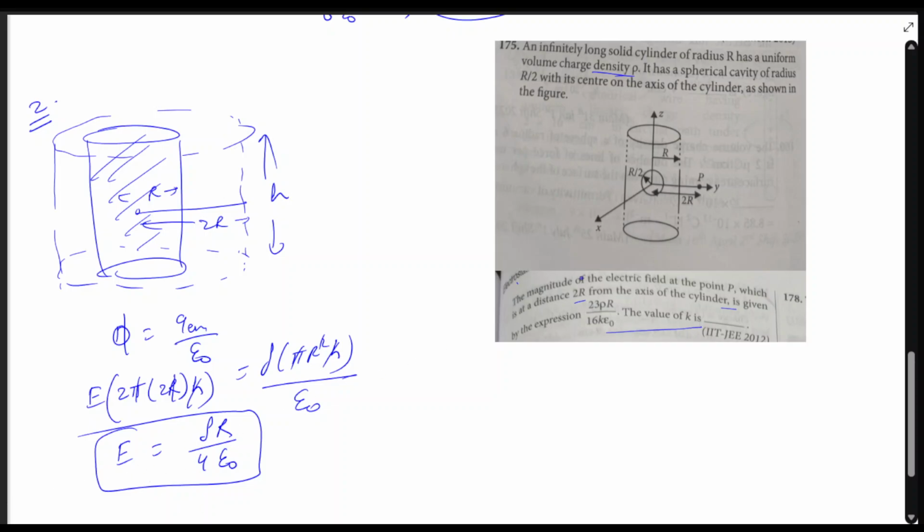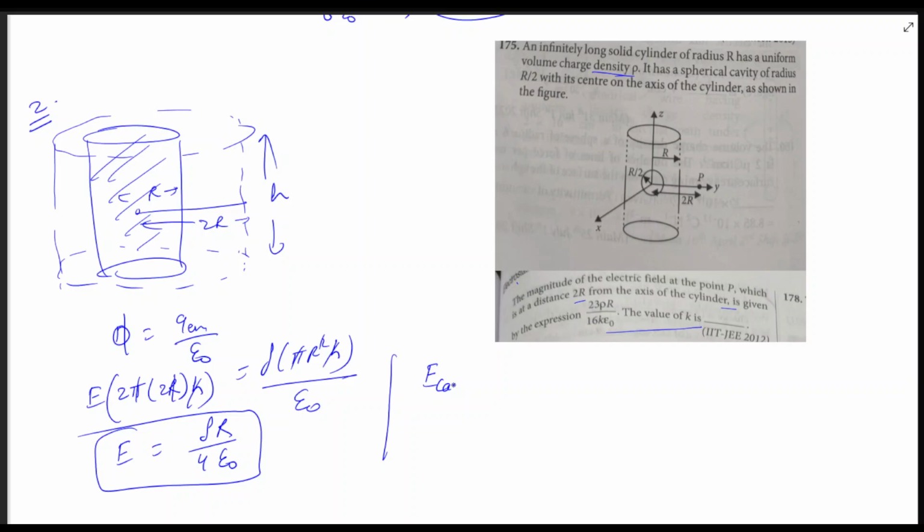Now from this, we have to subtract the electric field due to this cavity. So let's find the electric field due to the cavity. E due to cavity will simply be K Q by 2r square. K will be 1 upon 4 pi epsilon naught. Q will be rho into 4 upon 3 pi (r by 2) cube, divided by 4r square.